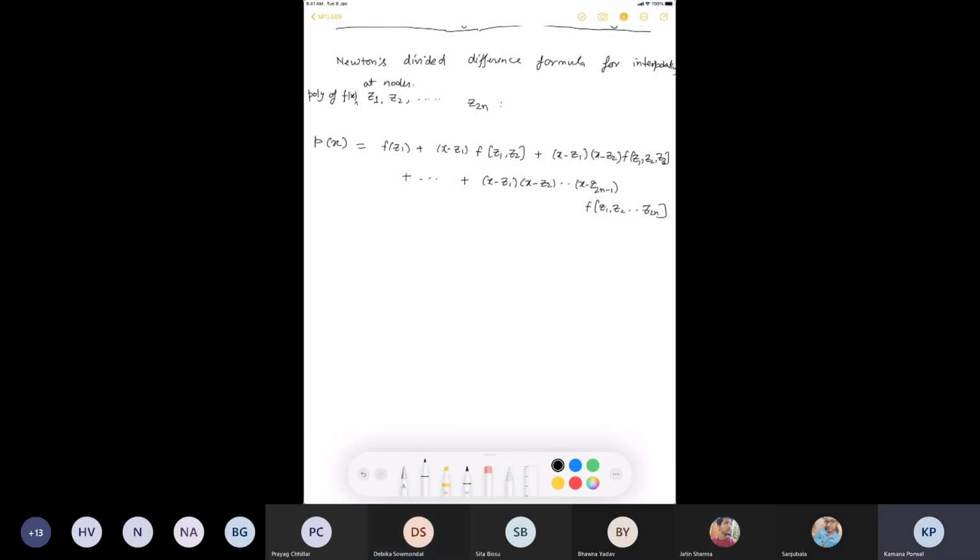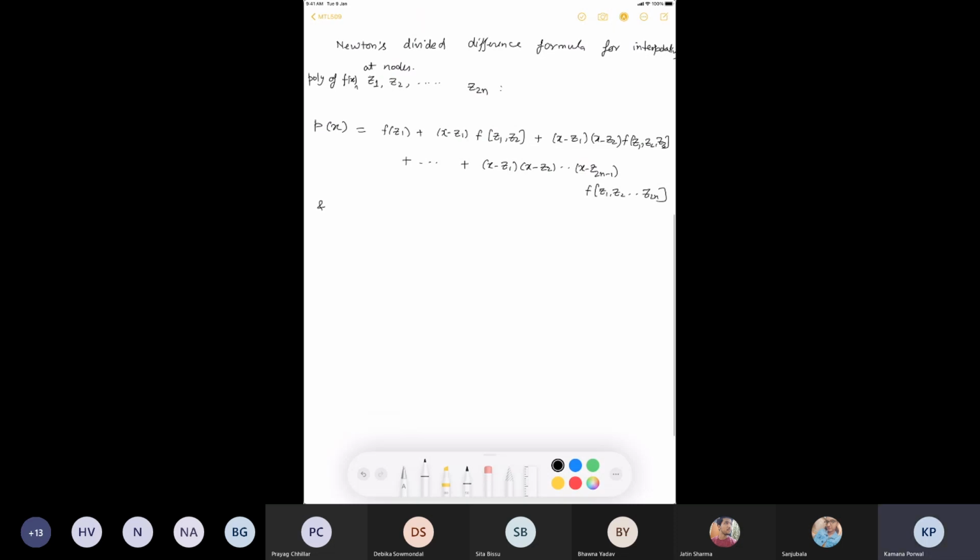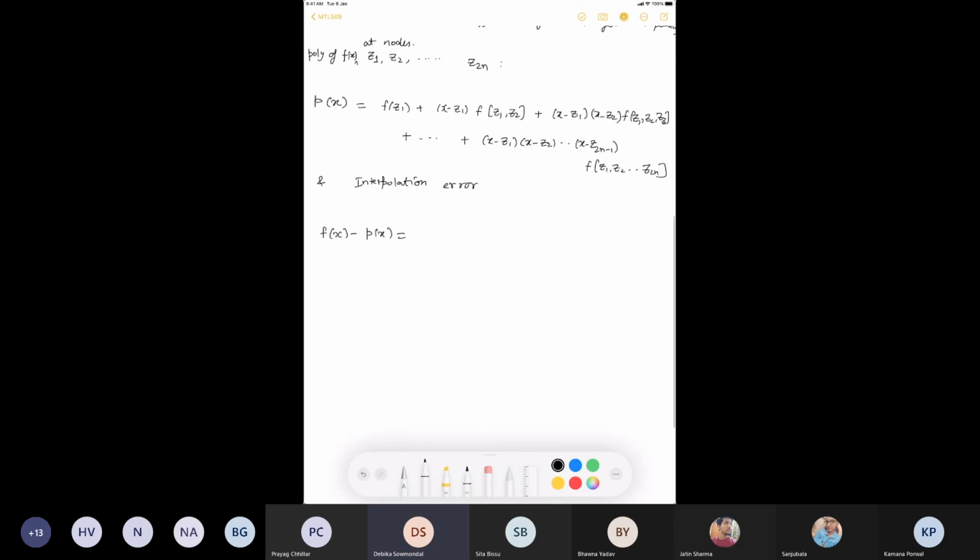And what is the interpolation error if we have this as an interpolating polynomial? The interpolation error, in terms of the divided differences, so what is it going to be for this set of nodes? Tell me.